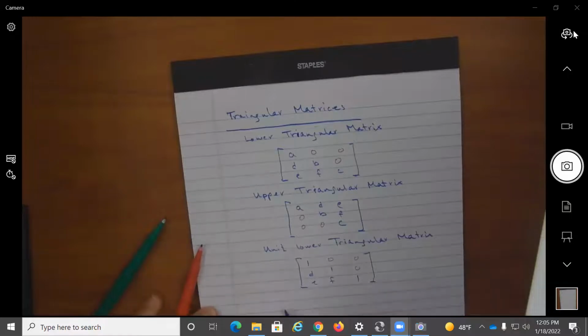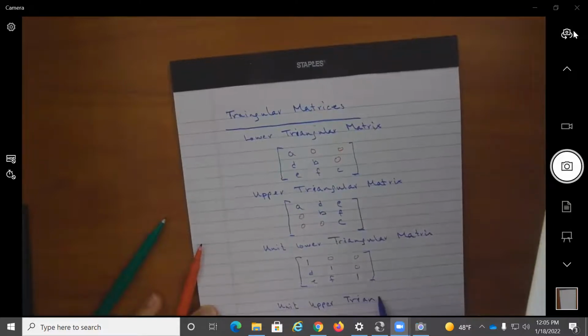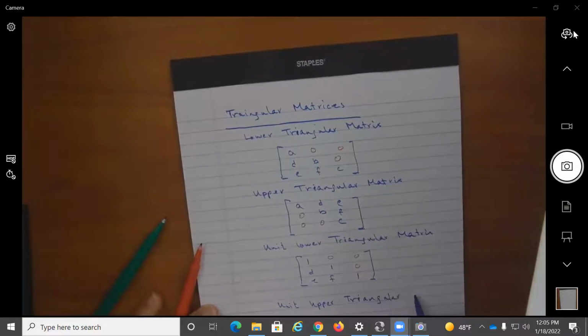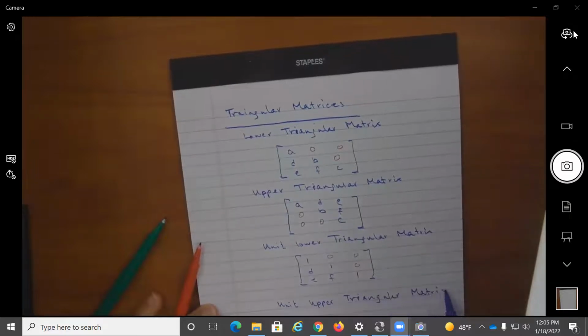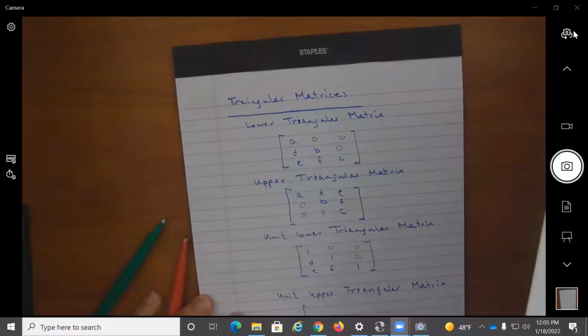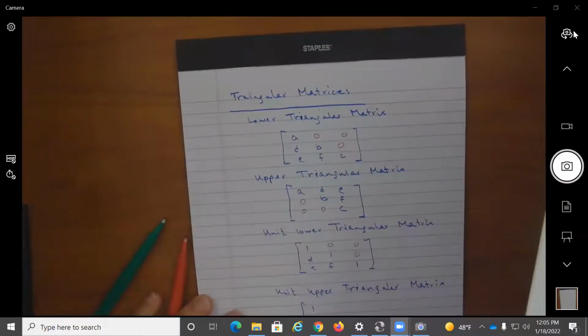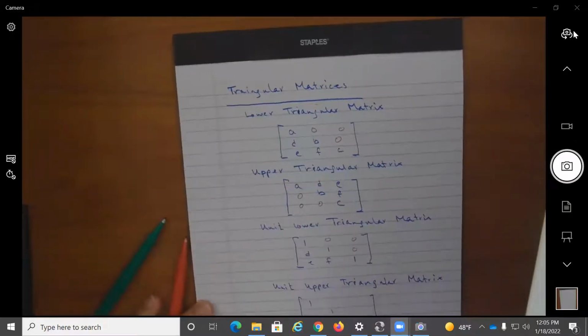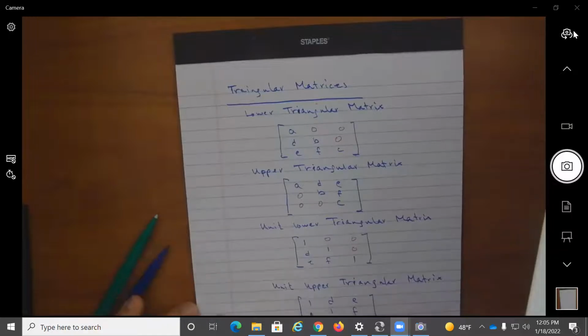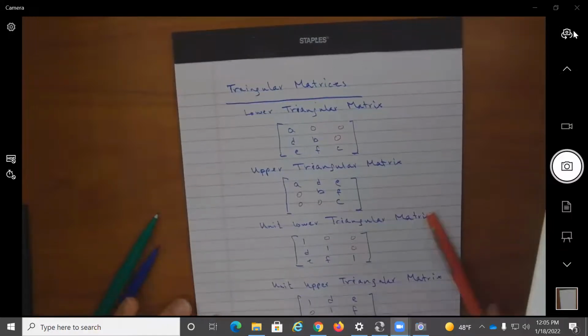Likewise, we can have a unit upper triangular matrix, where we have a diagonal of all ones. Above the diagonal, we can have non-zero elements, but below the diagonal, I only have zero elements.